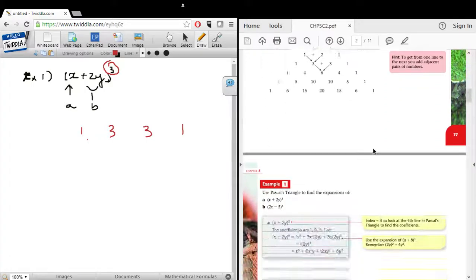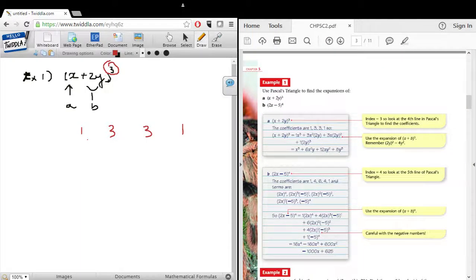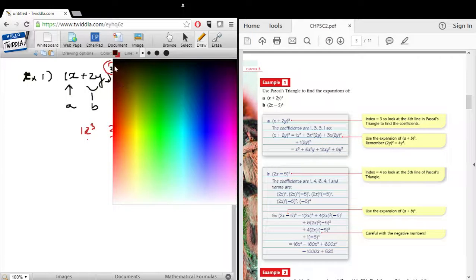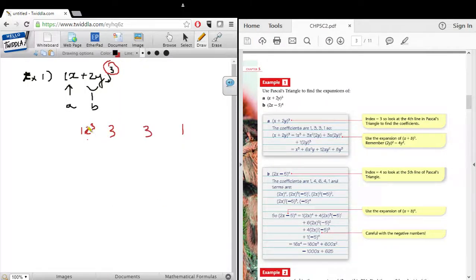So carrying on with the question, now we can appreciate that we have to have, following our example, x cubed, let me use a different color, x cubed, let's write over that, plus, and then we're going to have x squared times 2y, plus 1 times x multiplied by 2y squared, plus 1 times 2y cubed.